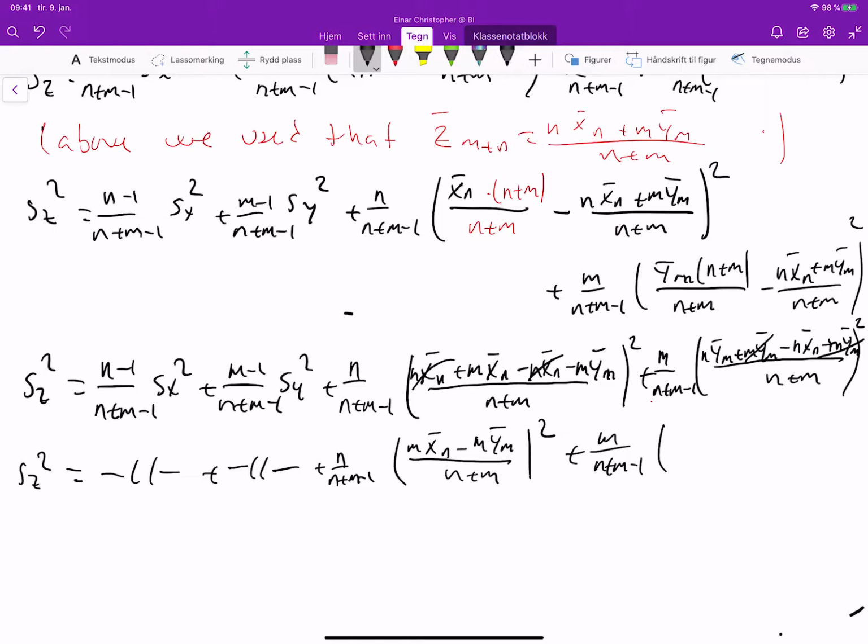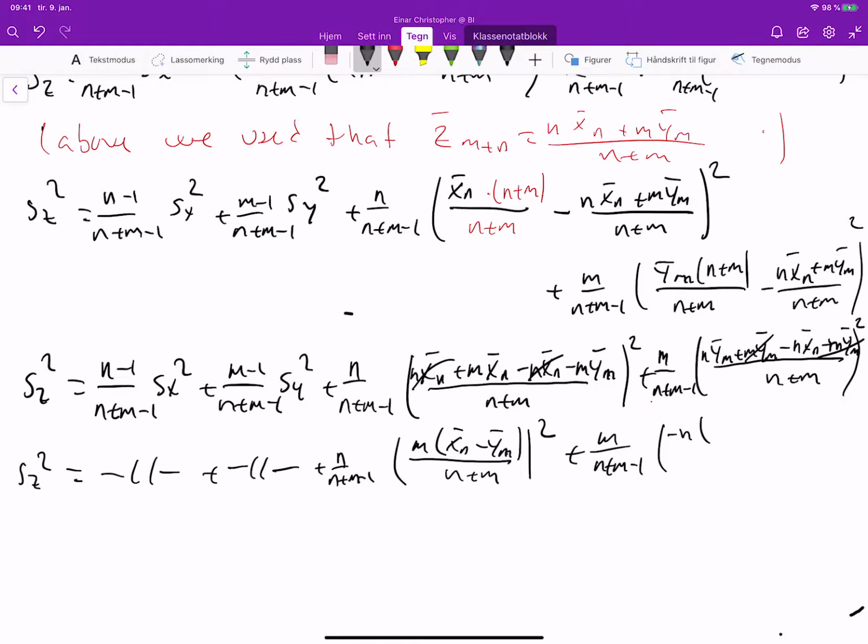Actually, to be a little faster, I will factorize. You can see that this one and this one have m in common, so I factorize m outside. So I write m times xn bar minus yn bar like this, plus what I've written, and then I factorize. And now I do a little trick. I factorize not n, but I factorize minus n outside.